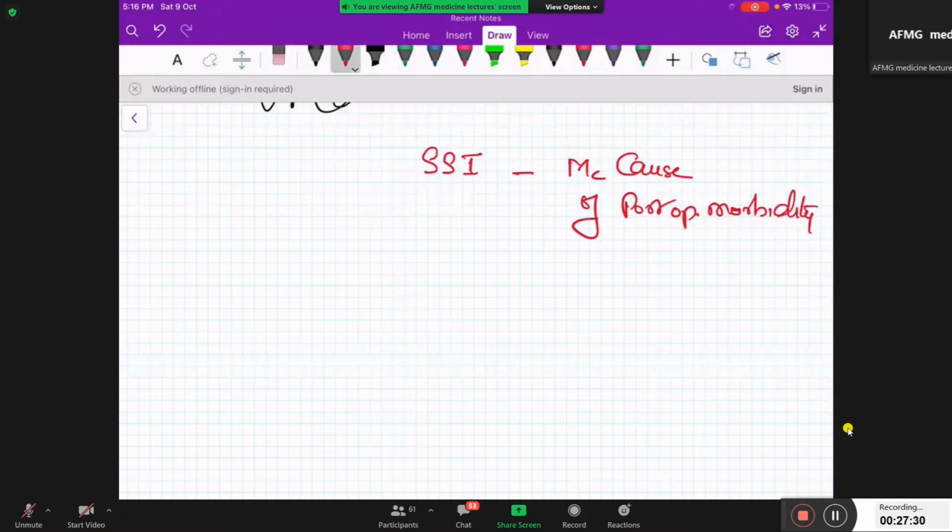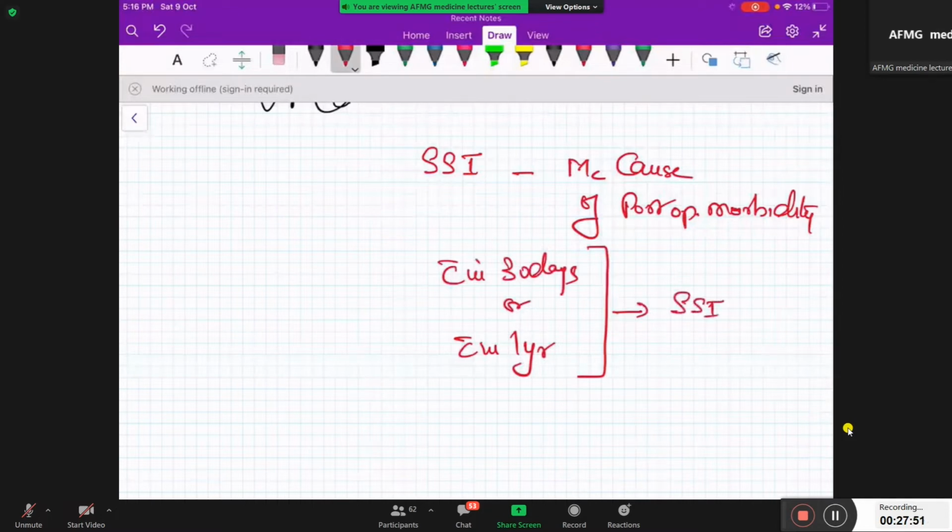And please note this very important point. Any surgical wound, if it gets infected within 30 days, or any surgical wound which has an implant inside it getting infected within 1 year, will come in the definition of a surgical site infection.